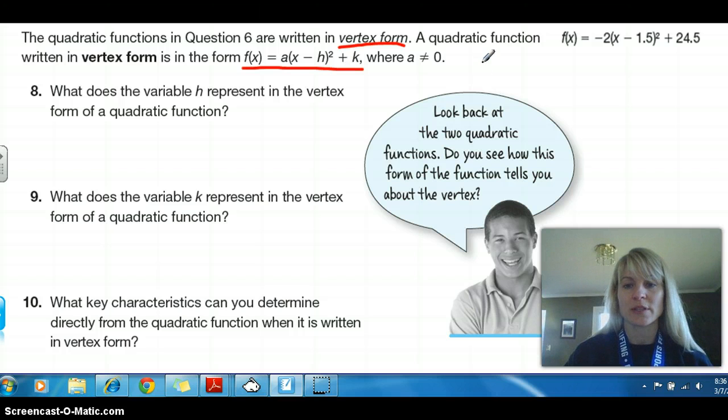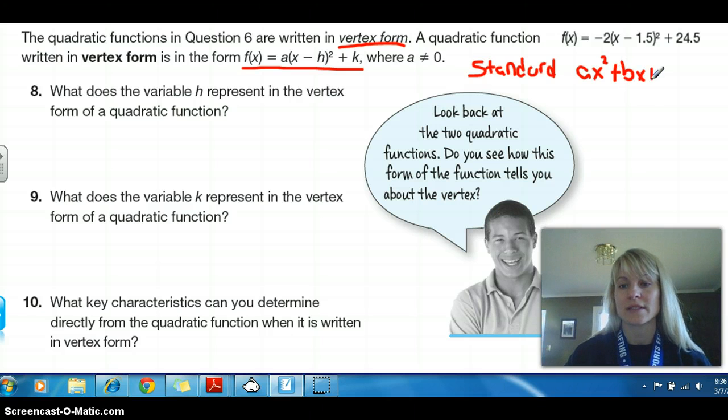So far we have been used to what's called standard form. Make sure you're writing this note into your book as I am writing it. So you should know the standard form is ax squared, and the squared tells you it's the parabola, plus bx plus c.